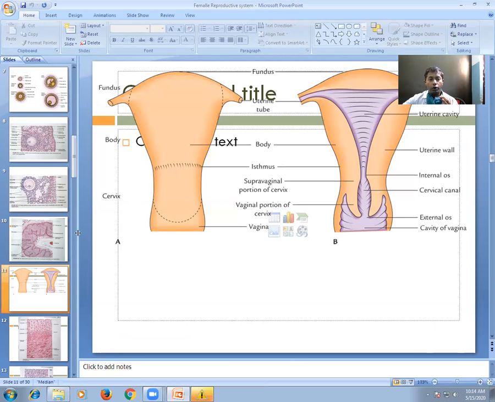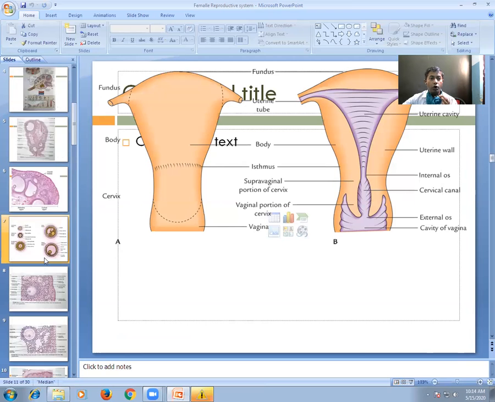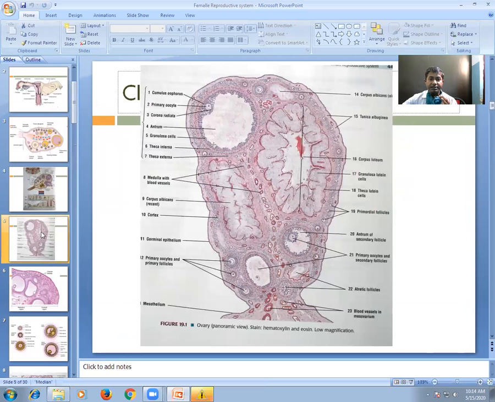Now, overall, what is the structure of this ovary? We are ending the discussion of the ovary. The outermost covering is the germinal epithelium. After that is the tunica albuginea, and overall this area is divided into two parts.